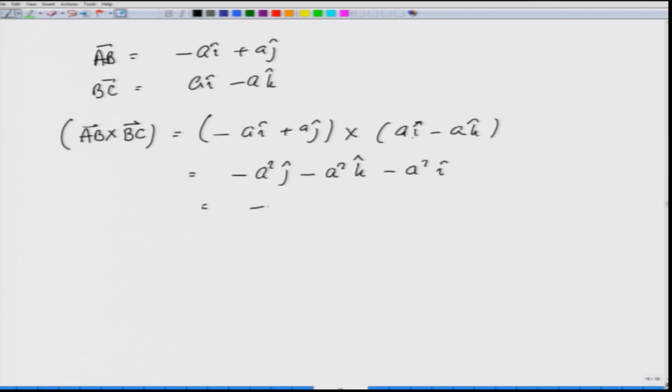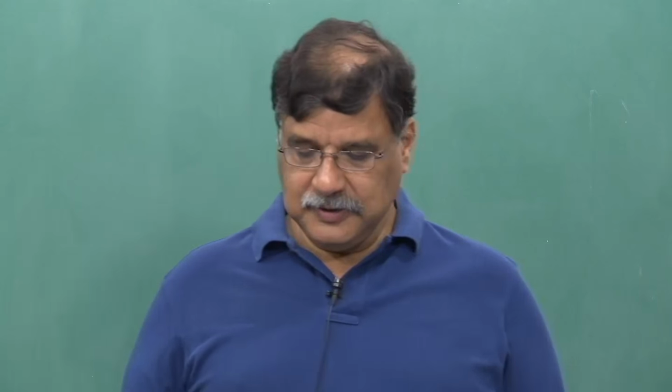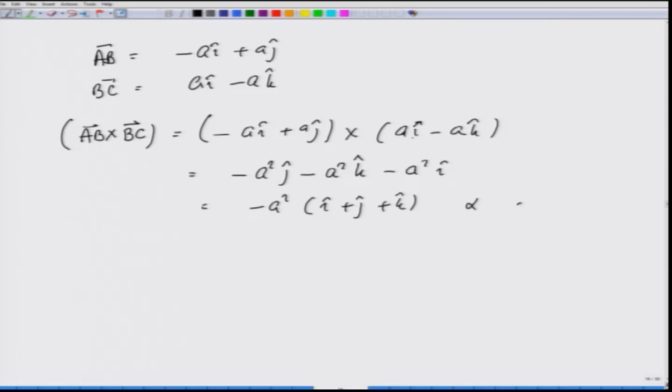I can write this as minus a square (i plus j plus k). So, this vector AB cross BC is proportional to vector i plus j plus k.